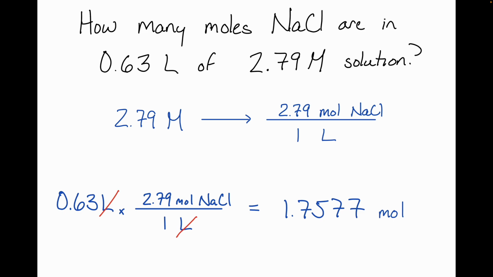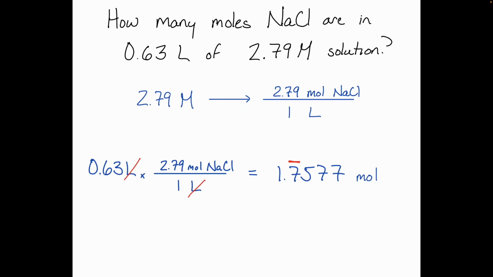And then the last step, sig figs. So I'm going to round this to 2 sig figs here because of my volume. So 1.8 moles of sodium chloride are in that 0.63 liters of that solution.